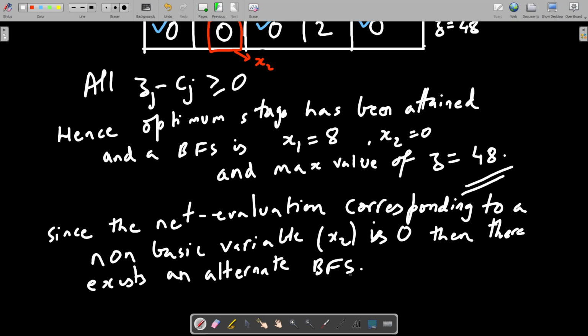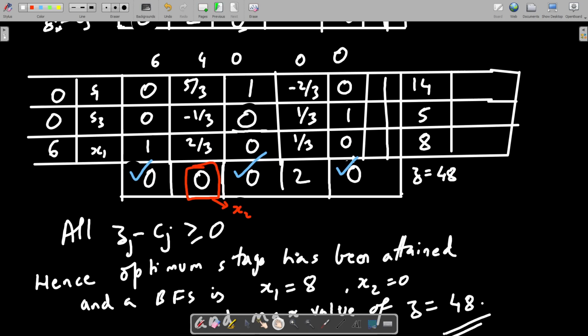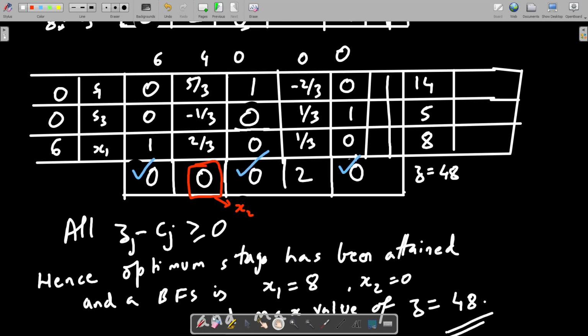Okay, how do we get it? We take this fellow out, we'll calculate the ratios and take this fellow out.